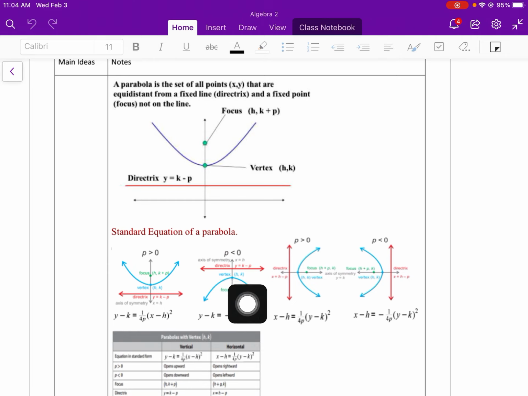If it's downward, now it's minus and it's a y equals. If it's to the right, then it's an x equals and a positive leading coefficient again. And then if it opens left, then x equals a negative. So some similar stuff that we've seen with parabolas, up, down, left, right, and then with the k and h being associated with x and y.